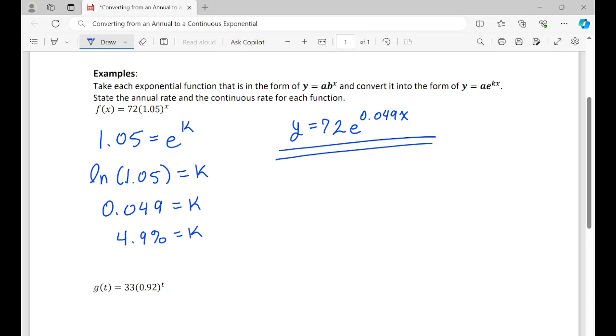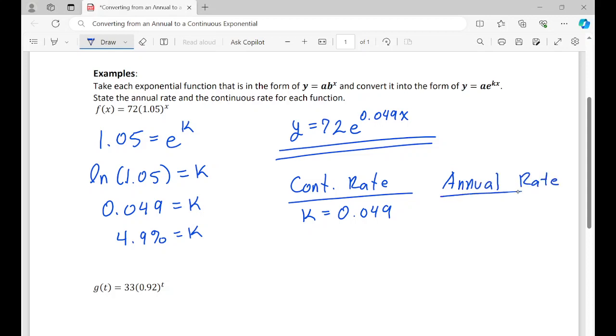Now, we already know what the continuous rate is, which is k equals 0.049, and the annual rate we get back from here, where b is 1.05, so doing b minus 1, 1.05 minus 1 is going to give us r equaling 0.05.